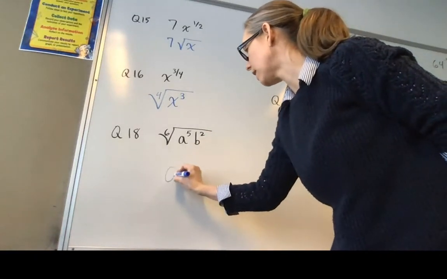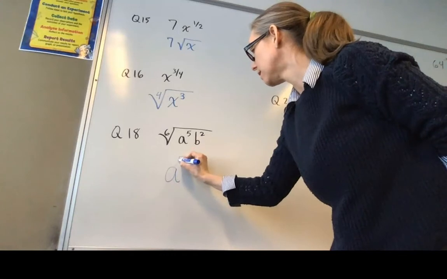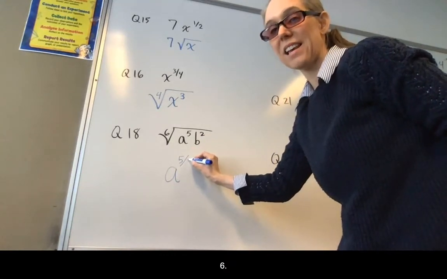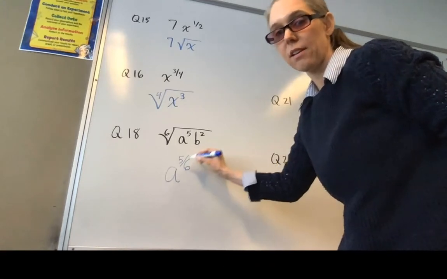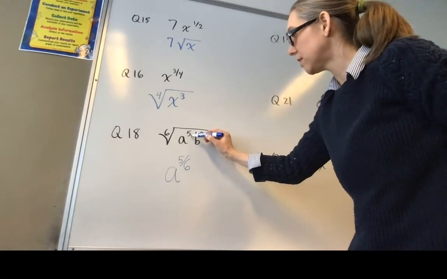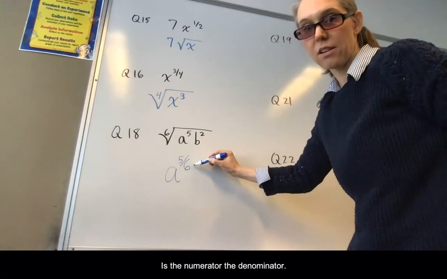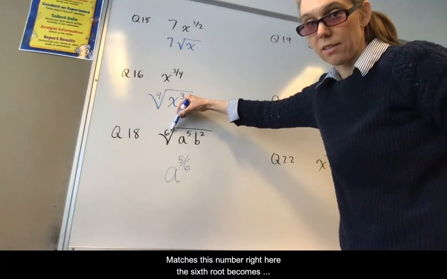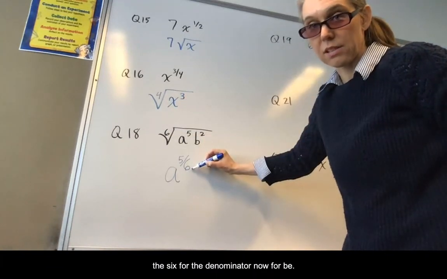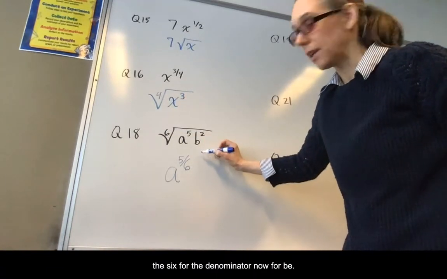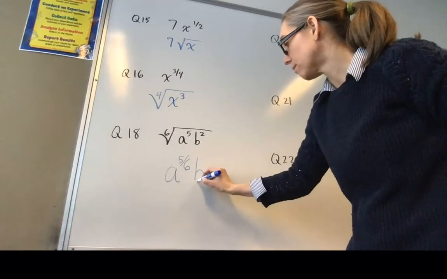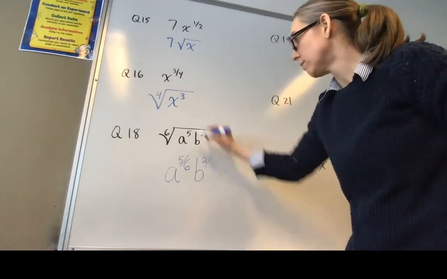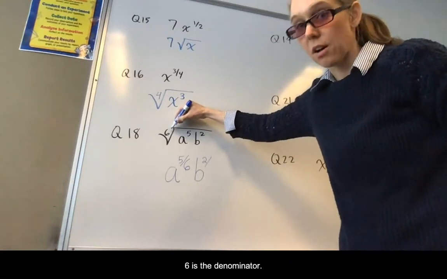So we have a to the 5th power divided by 6. So 5 is the numerator. The denominator matches this number right here: the 6th root becomes the 6 for the denominator. Now for b, the 2 is the numerator. The 6 is the denominator.